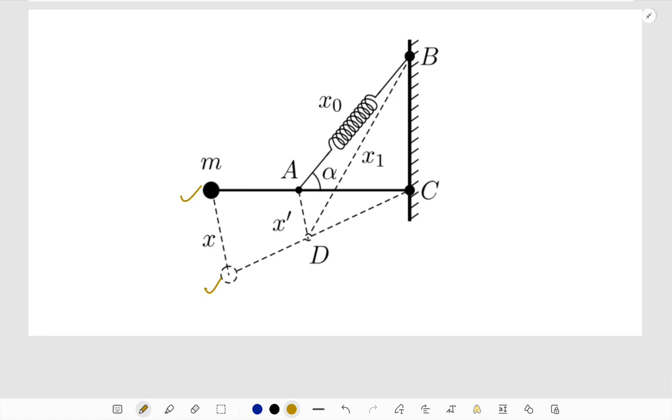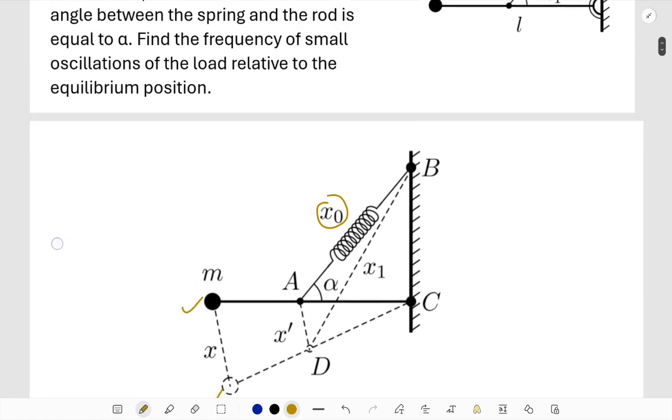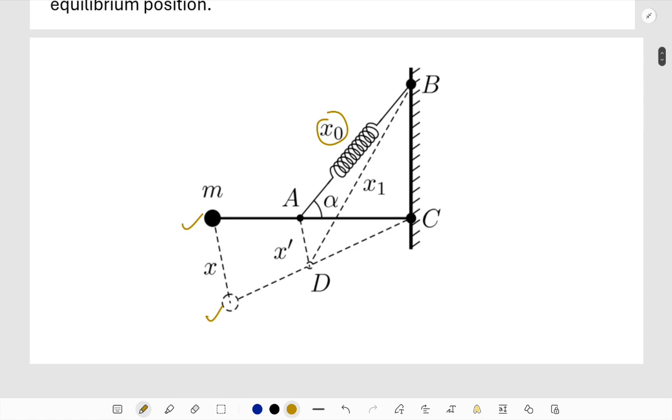The total length of the spring in equilibrium position was x naught, and the total length of the spring after the load has been displaced by a distance x has become x1.